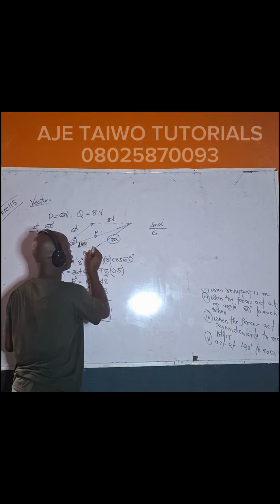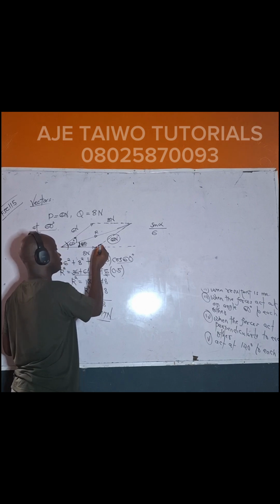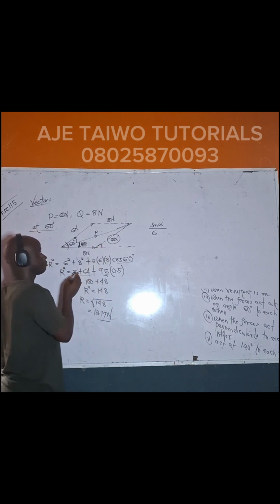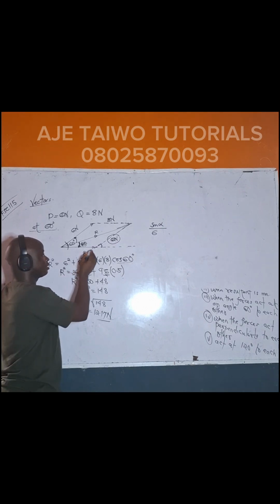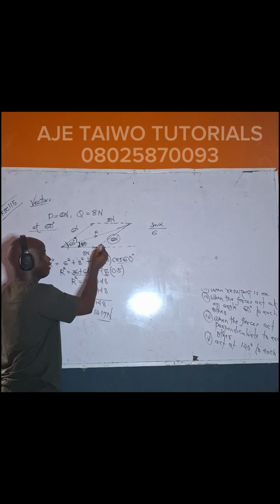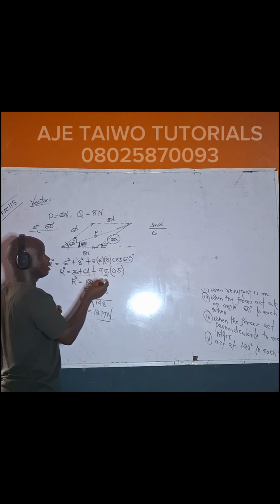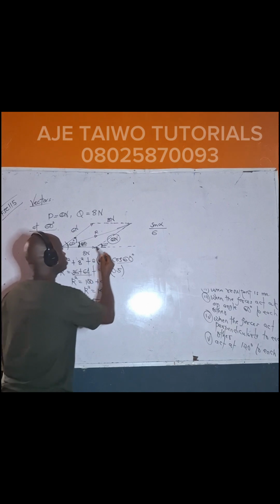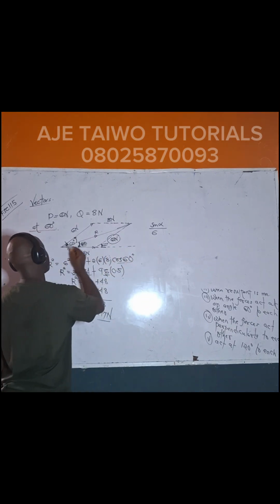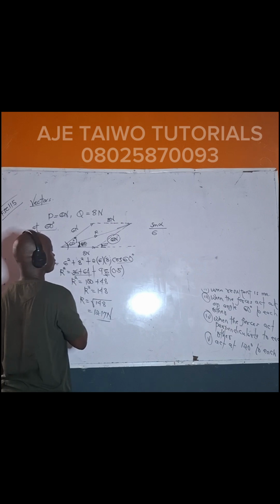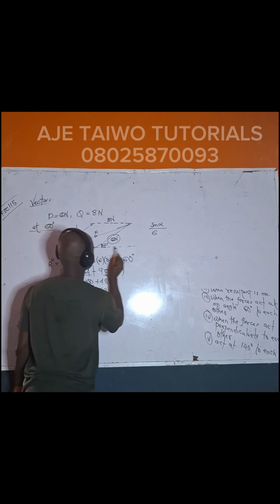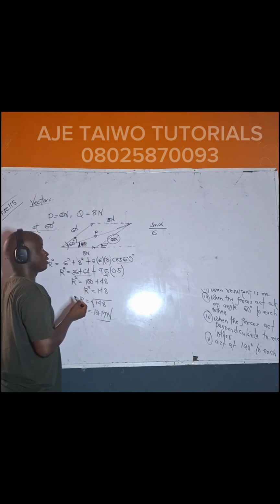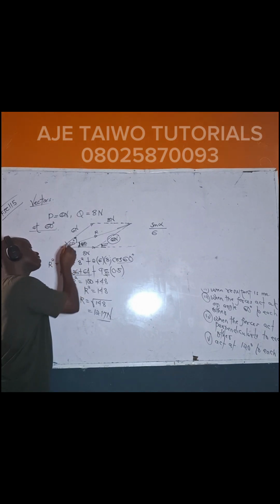equals, please, who can tell me what is the value of this angle here? What's the value of this angle, class? 60. God bless you. How do we know? See how to know. This line is the same as this line. Am I correct? Yes, sir. The angle this line and this line make with each other is 60.